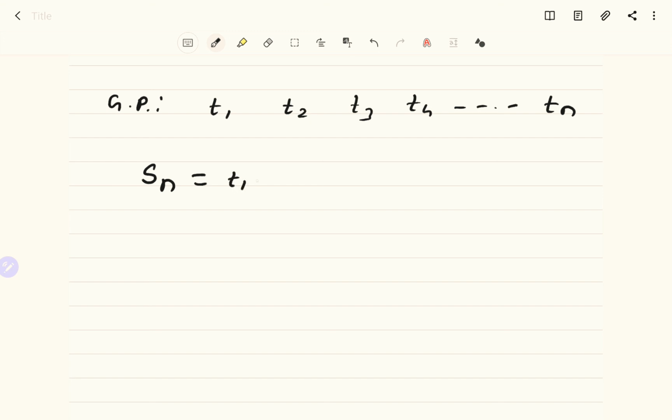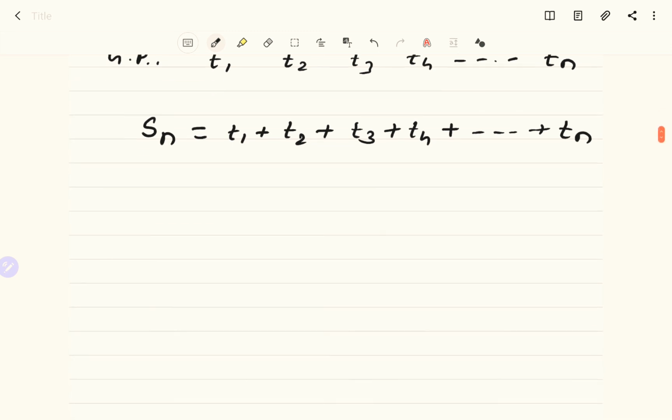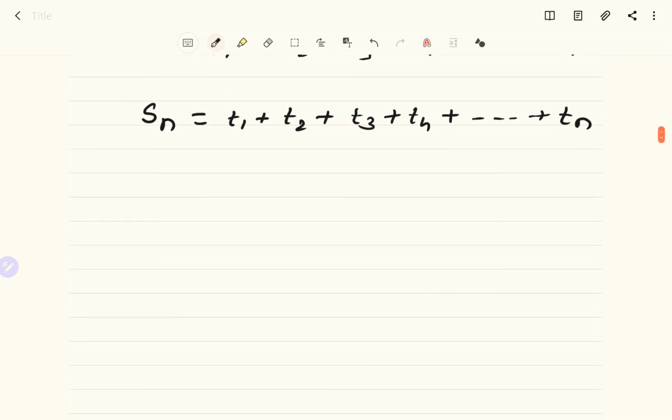Obviously you have to add the first n terms of the geometric progression. But we cannot do this manually, so obviously you have to shorten this with a formula. But there are 3 cases that you have to follow while finding Sn.